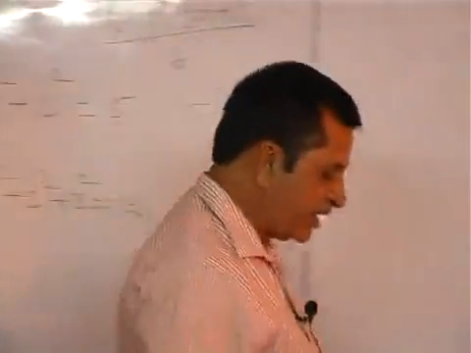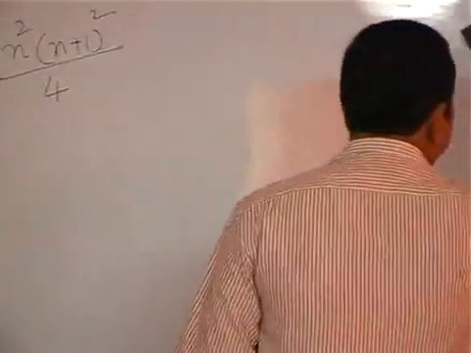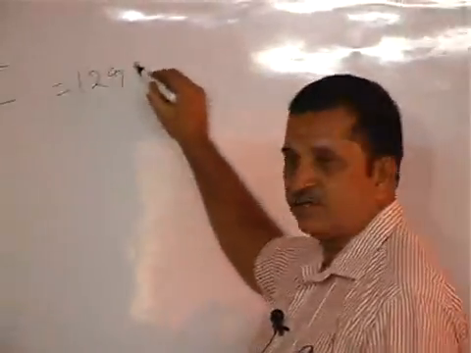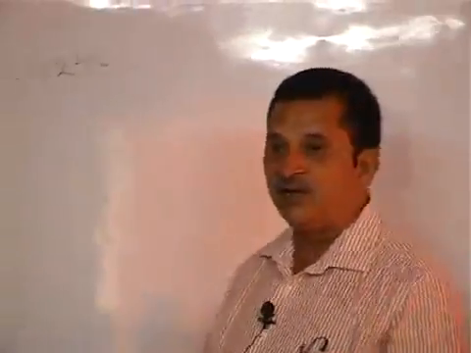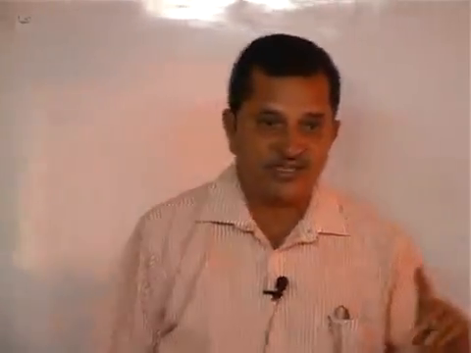N square into n plus 1 whole square by 4 means n is 8. How much you got? See, remember one point here, 1296. I'll tell you one property. A rectangle whose all sides are equal is called as a square.